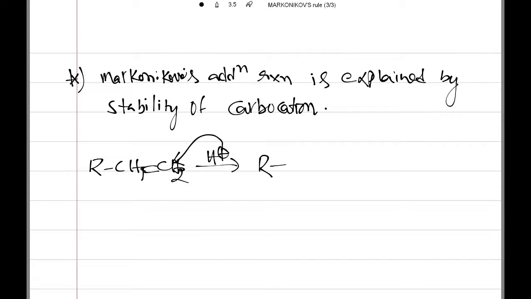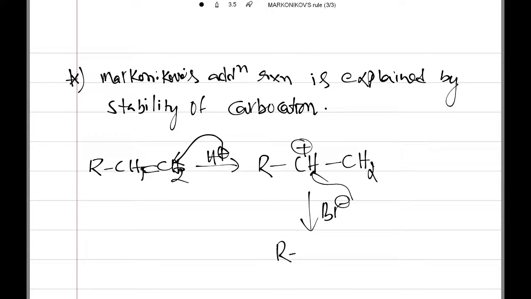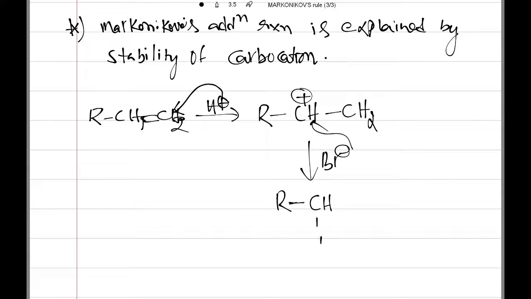Like this way we get RCH plus CH3. After that, bromine is attached to this carbon, so we get RCHBrCH3 as the major product of the reaction.